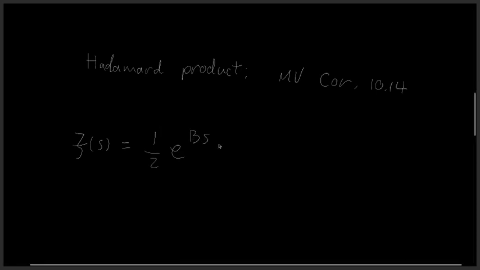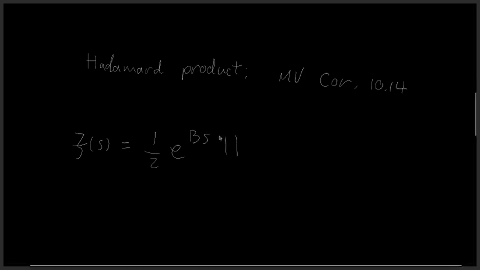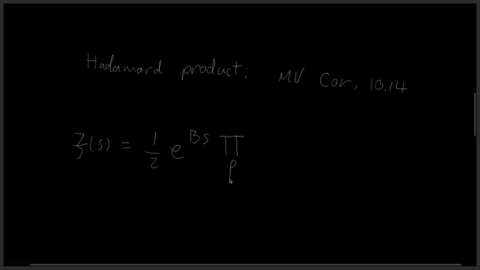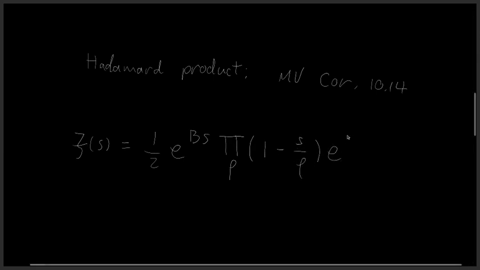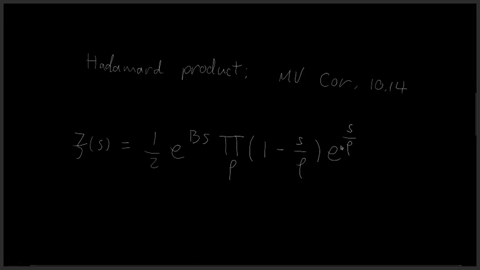Here b is just some constant, some real number. And then you have a product, and this is going to be over the zeros of the xi function. And here you have a 1 minus s over rho e to the s over rho. Let me double check to make sure. Yeah.